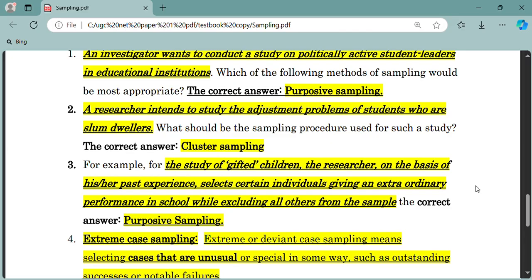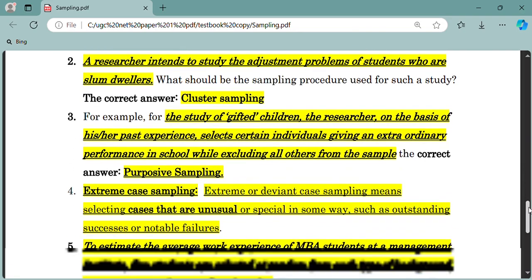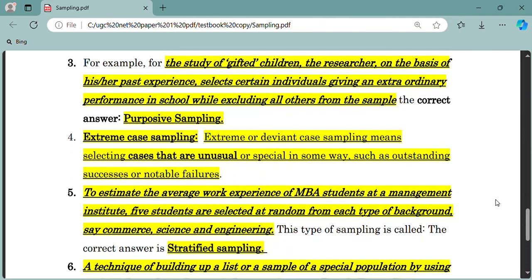This is an example of purposive sampling. Next, extreme case sampling. Extreme or deviant case sampling means selecting cases that are unusual or special in some way, such as outstanding success or notable failure.